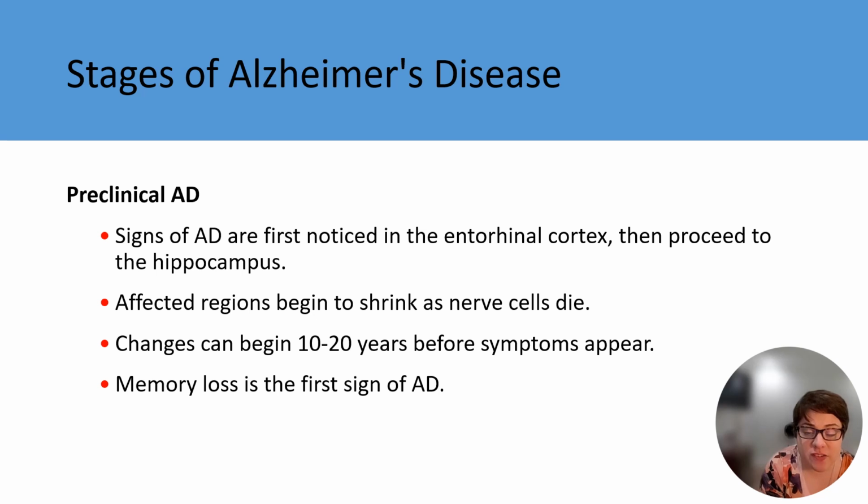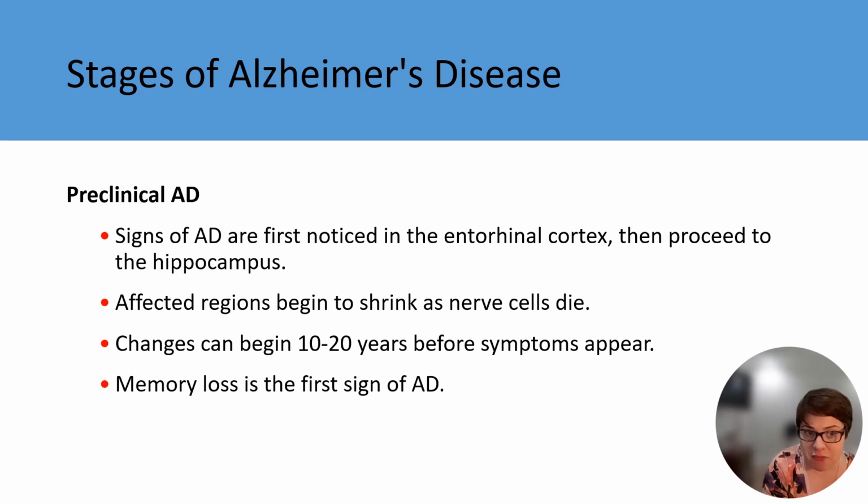So Alzheimer's disease progresses through a series of stages, and those stages are indicative of specific changes, both structural and cellular, within the brain. We call preclinical Alzheimer's disease the earliest stage.